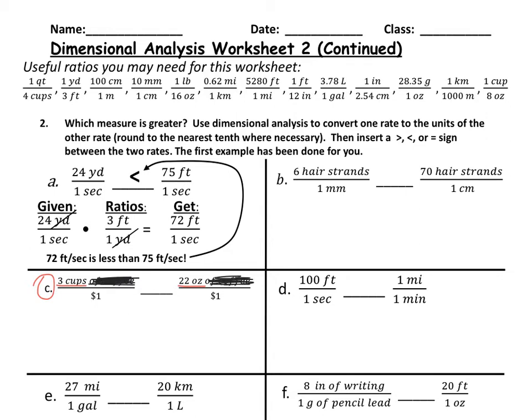What we really care about is that we're going from cups to ounces. On the bottom, we're going from dollars to dollars, so we don't even need to change that. So let's look up at the top somewhere here and see if we can find something that will help us go from cups to ounces.